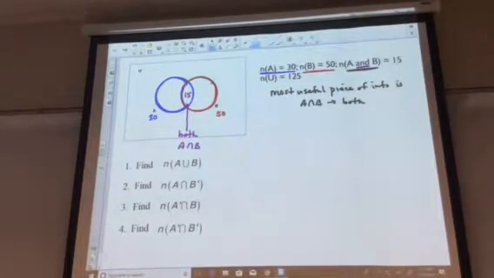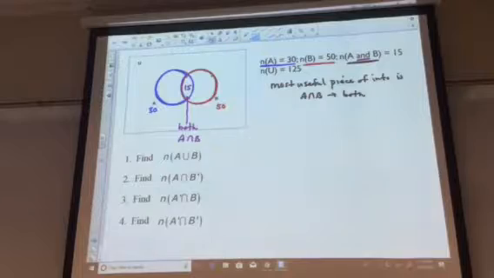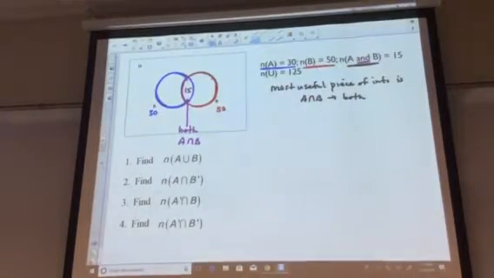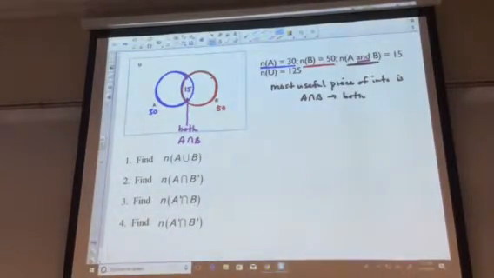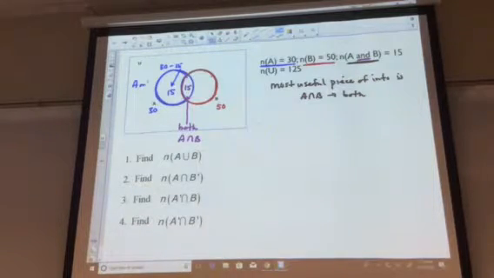Should we be able to find out the items that are in A only? Yes. That would mean that somewhere along the line, we're going to come back and say if there are 30 items altogether in A and 15 that are in both, then there must be 15 items that are in A only.